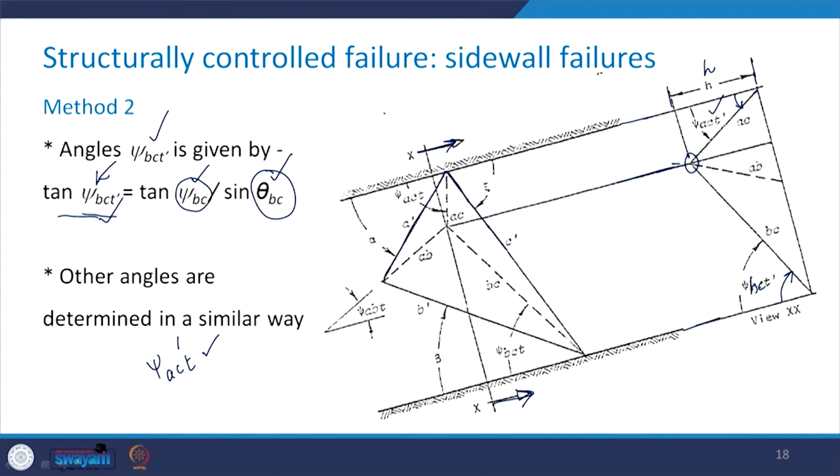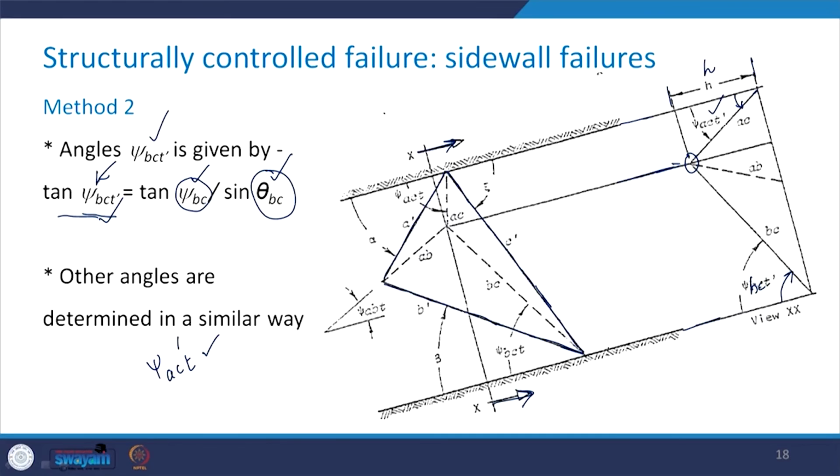Once you know this height of the wedge, and in the plan you can get the base area of this sidewall wedge. In this view you can get the area. So you can obtain the volume of the wedge which is formed in the sidewall and has a tendency to slide.